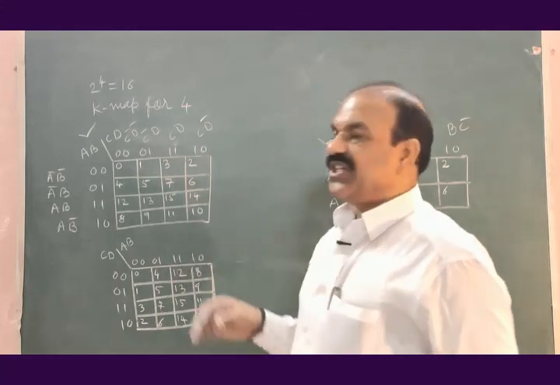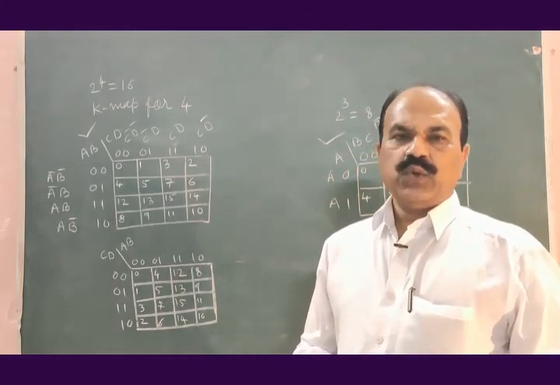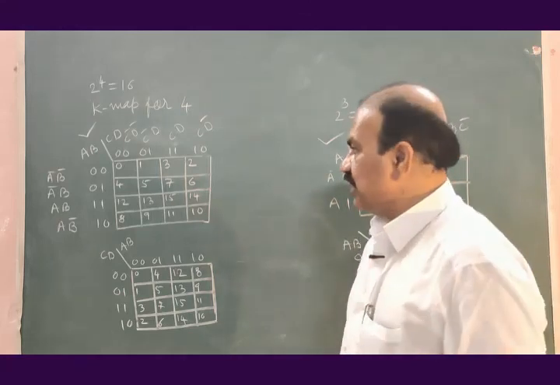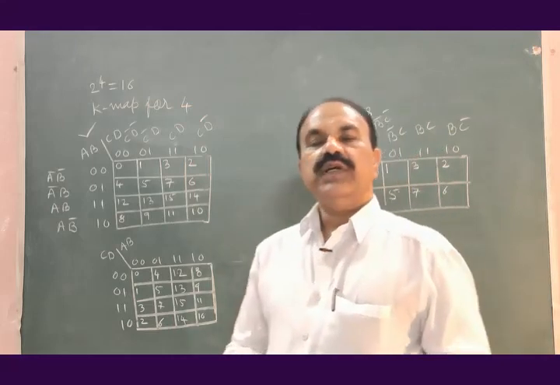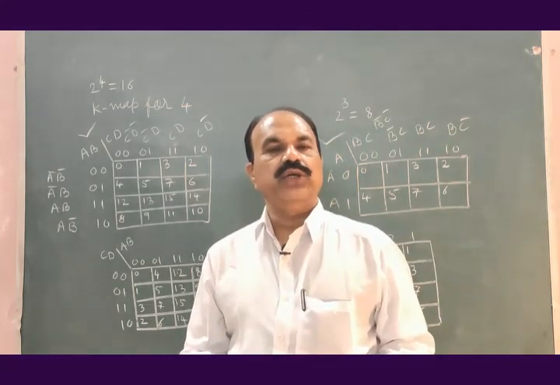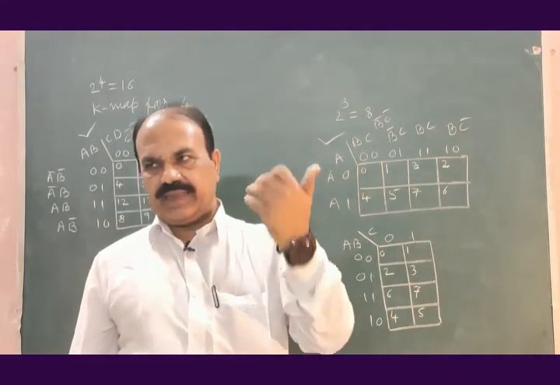So I have constructed here the K-map for 2 variables, 3 variables and 4 variables. This is about the Karnaugh map or K-map.